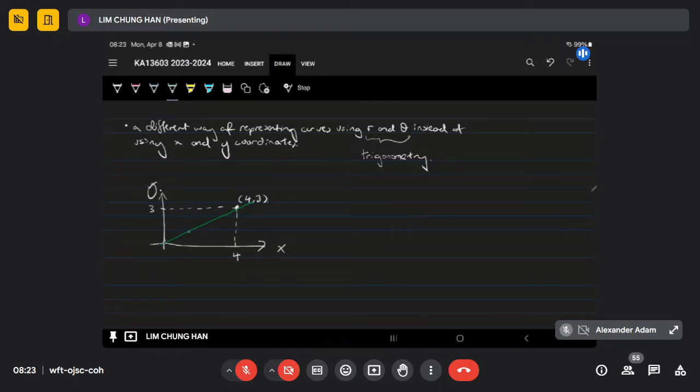So the information I'm going to need to show is the angle theta. Are you able to get angle theta from here? You got a distance of 4 here, and a distance of 3 here.